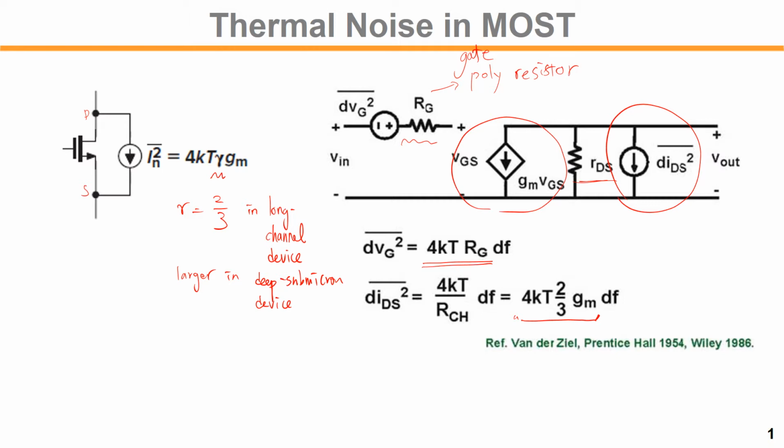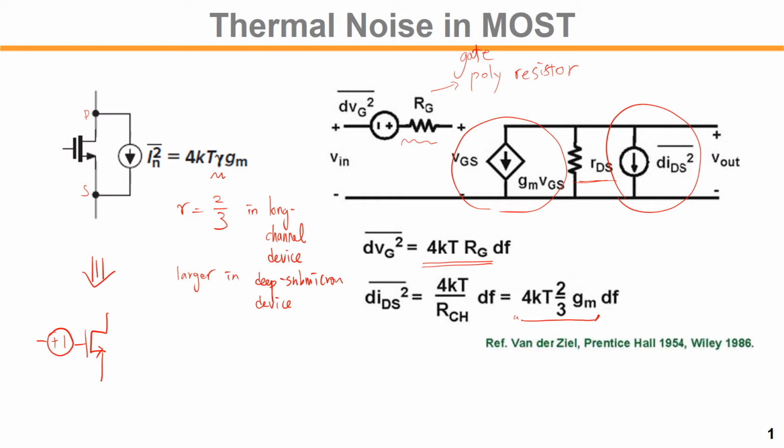For the given bias, noise current flows between drain and source. So we can draw the equivalent circuit. In some cases, it is easier to consider this kind of model.